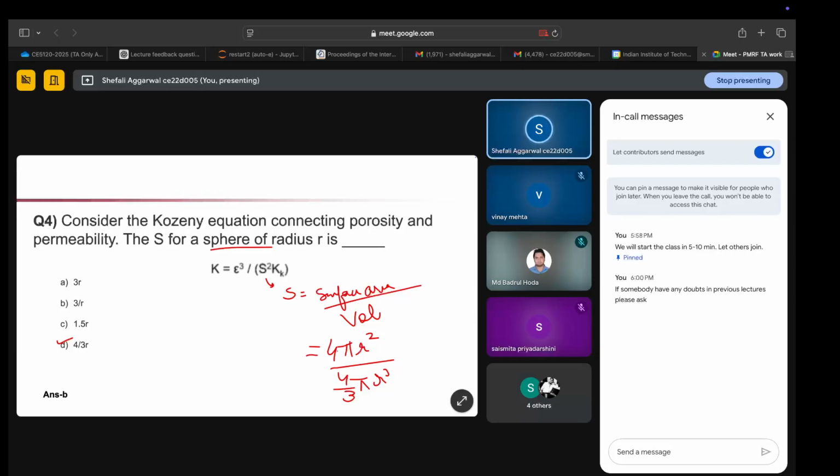So dividing these two things, you will get 3 by r. So the answer will be B, sorry, 3 by r. Is it clear?